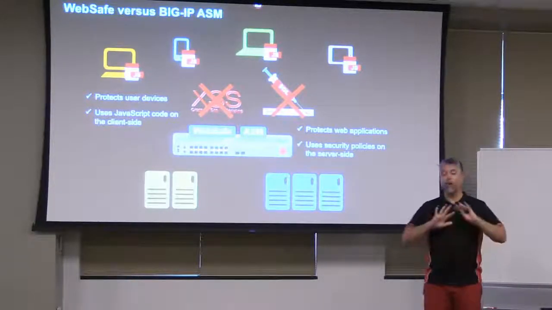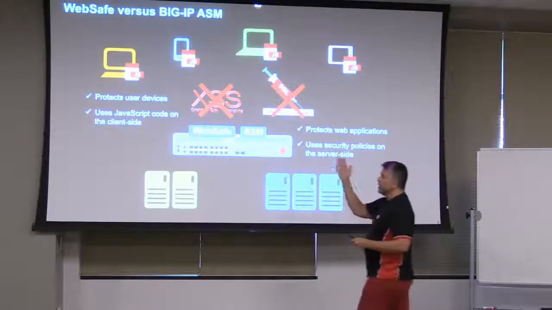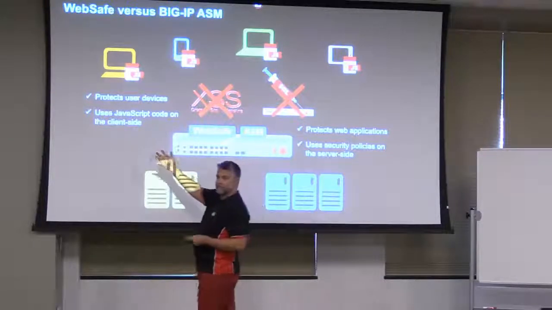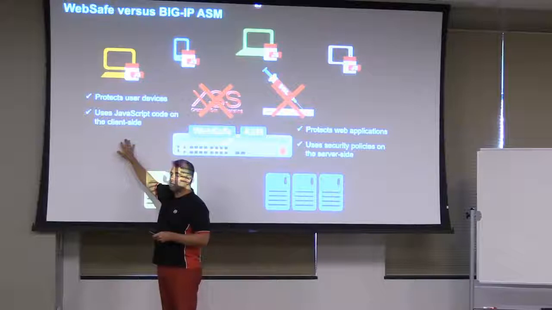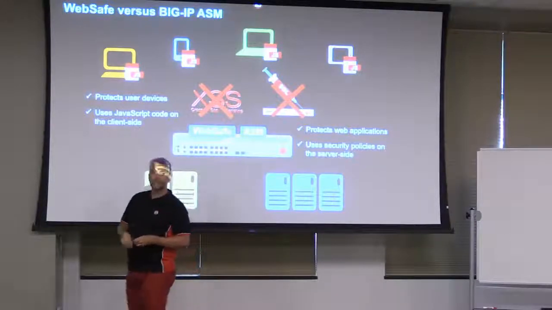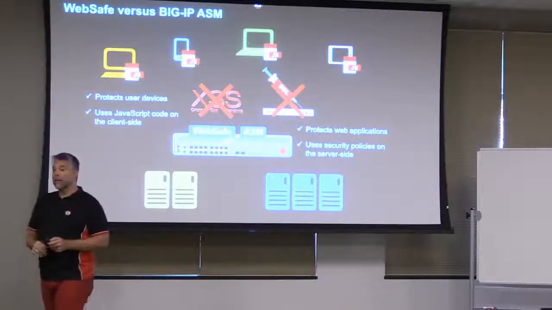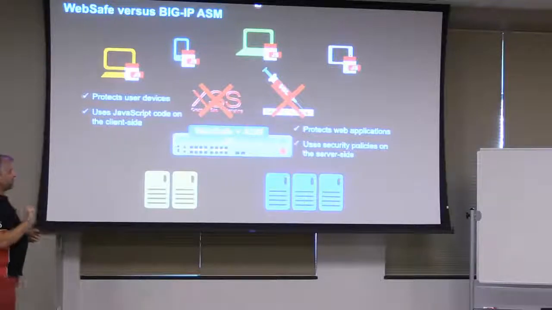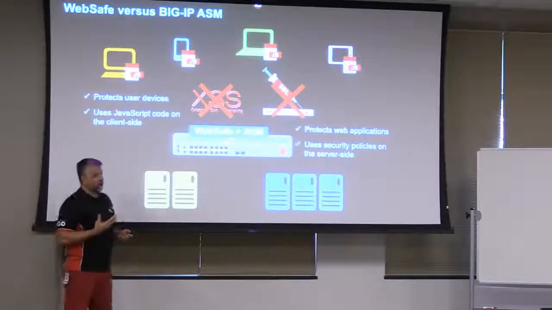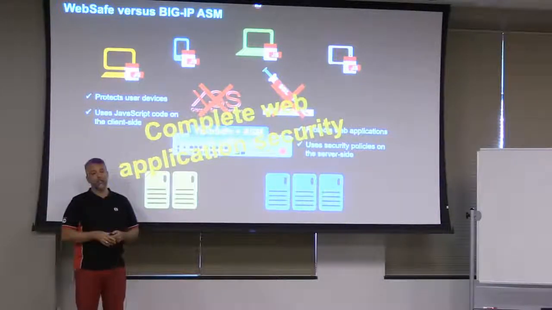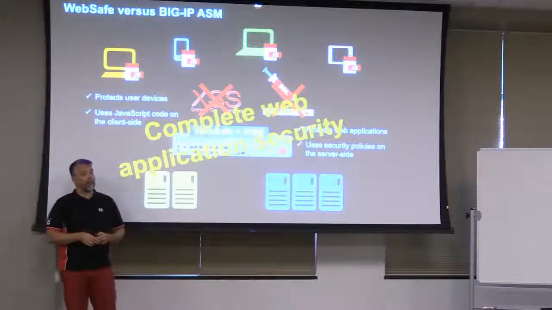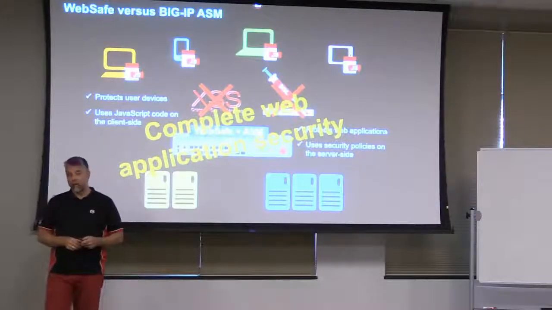Those kinds of attacks are completely different than these kinds of attacks. These aren't even attacks, really, so to speak. So they're very different, but they're both very valuable because what we want to encourage our customers to do is to use them both and have that complete security.